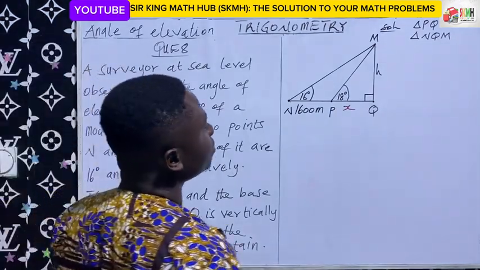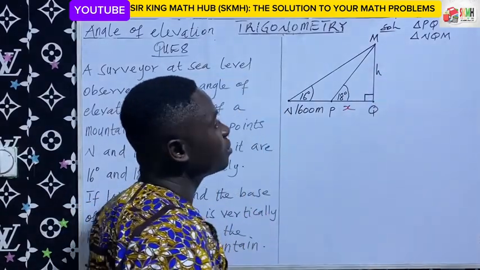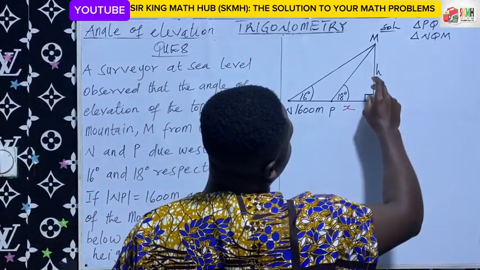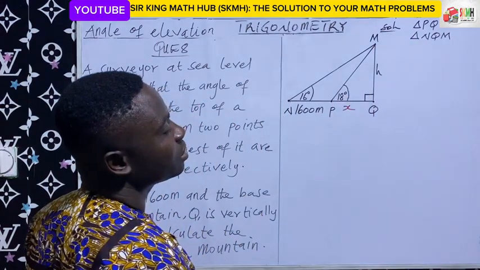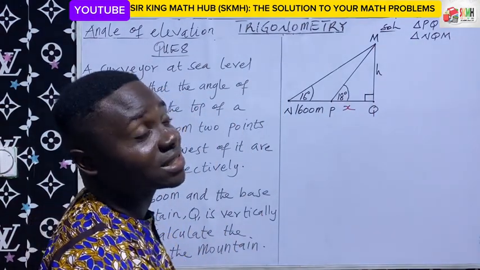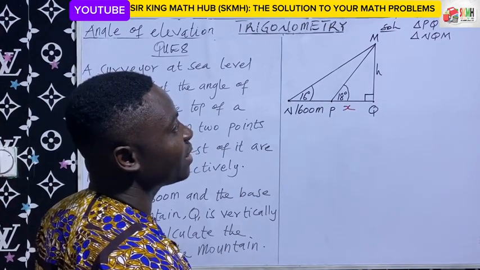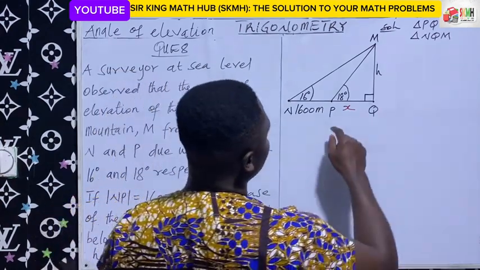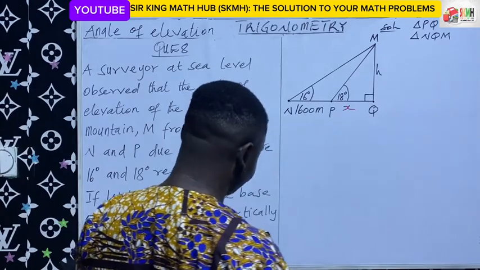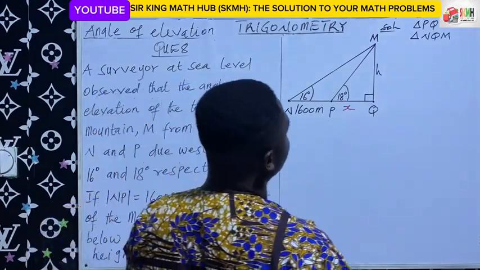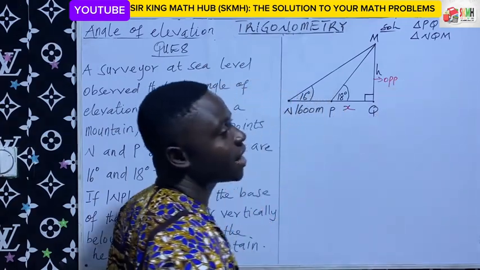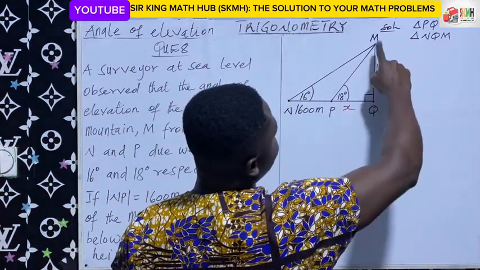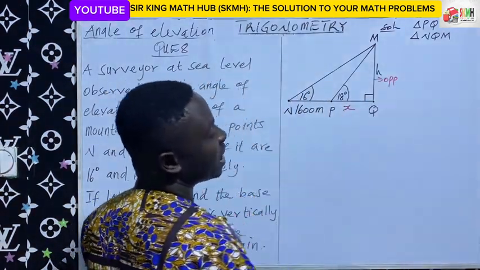Now, we are looking for the height of the mountain. So how then do we calculate the height of the mountain using the smaller right angle triangle? Before we do that, we need to identify the sides of triangle PQM. Now this side here becomes the opposite, because the height of the mountain faces the acute angle here.